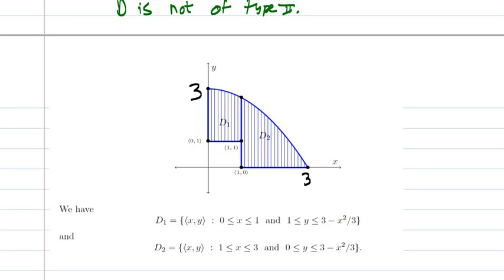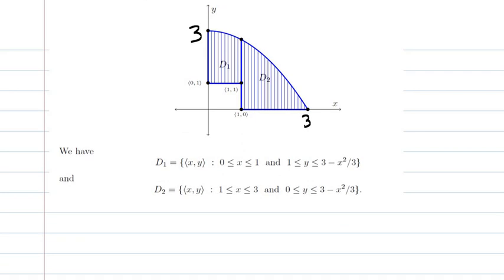D2 is all the 2D vectors (x,y) where x is between 1 and 3 and y is between 0 and 3 minus x squared over 3. If you do vertical slices, you can see that region D1 is of type 1 and region D2 is of type 1 as well. The reason I'm using set notation is that it makes it easy to convert the double integral over D1 into an iterated integral and the double integral over D2 into an iterated integral.